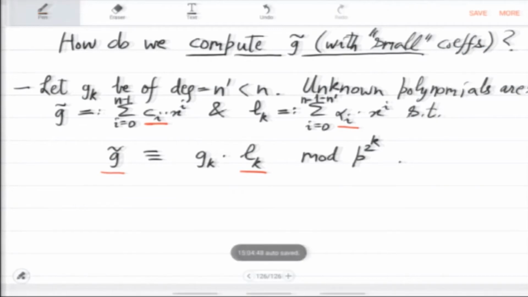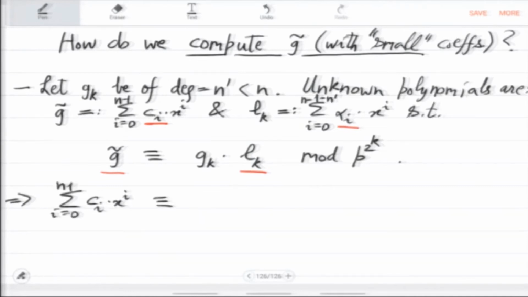Okay, let us do some more jugglery. So let us rewrite it as sigma ci x to the i equals Lk, which is sigma alpha i x to the i, times gk, that's the RHS I am writing.